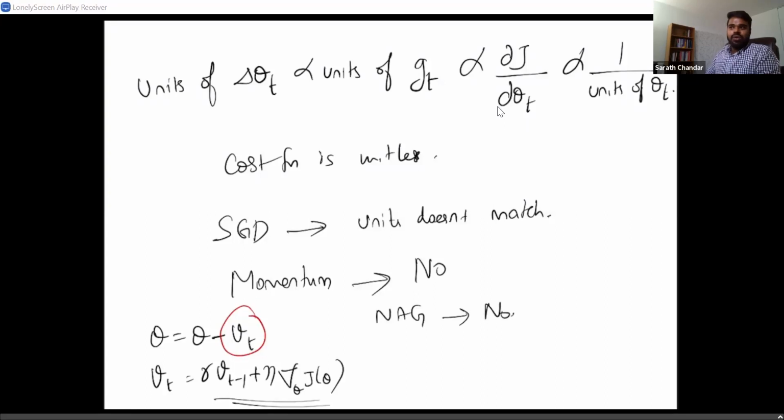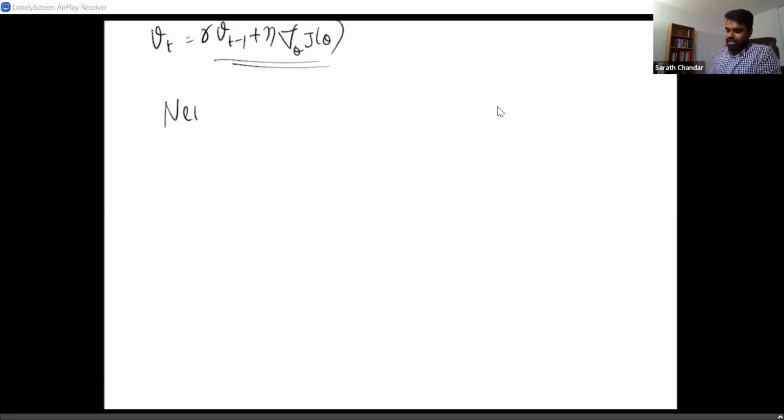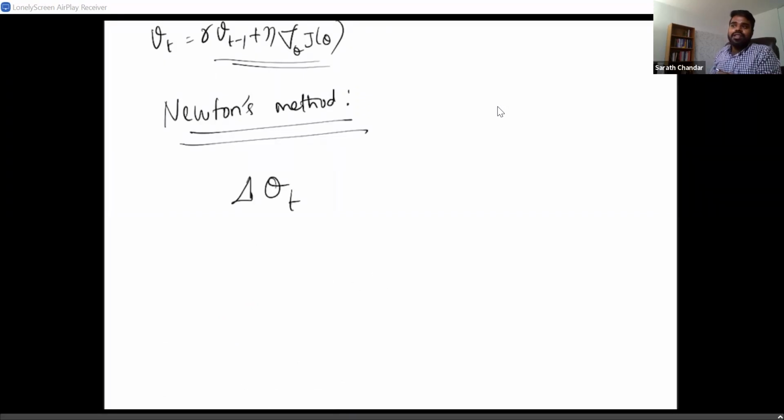Now if you remember, we also looked at another optimization algorithm, Newton's method, the second order optimization method. Let's look at the update that we do in Newton's method. It was not eta times g.